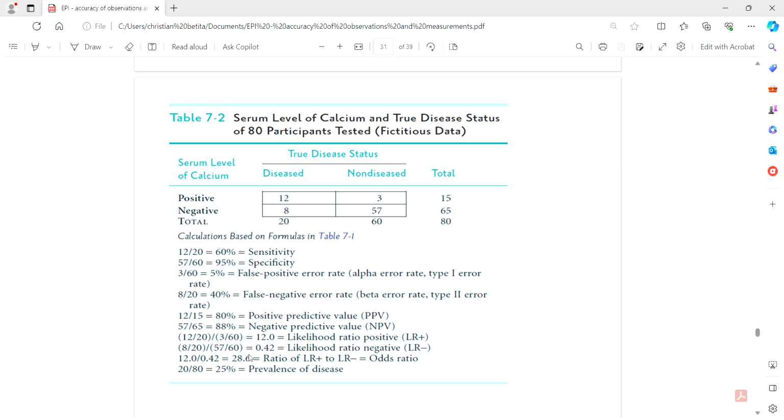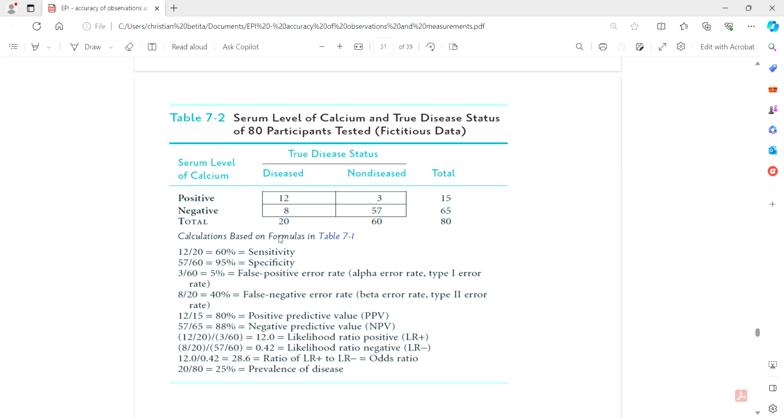Generally, as a rule, according to the textbook, a ratio that's greater than 50 is supposed to be a good test. And the prevalence of symptomatic disease is about 25%. So, yeah, that's how we make use of this.